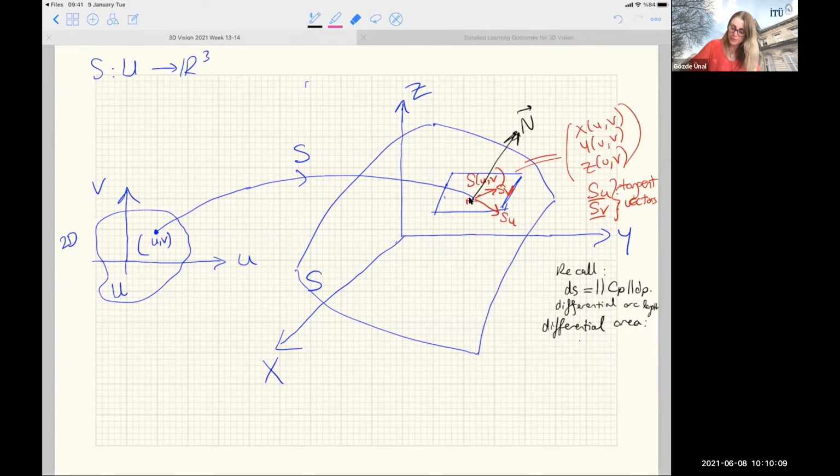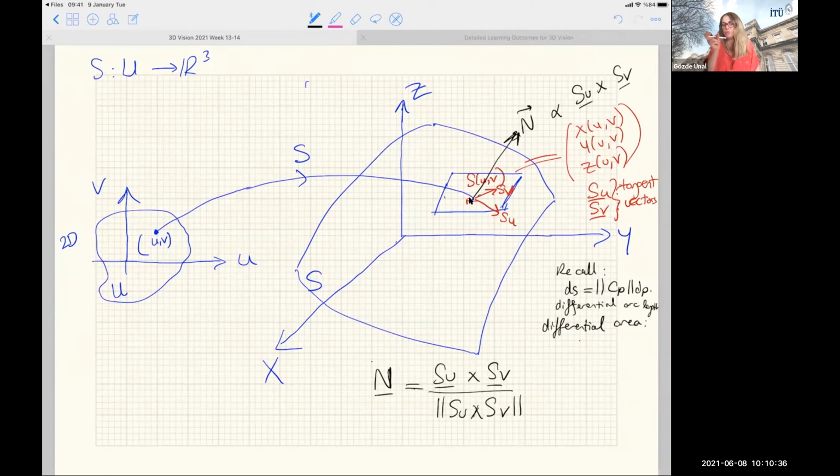From here, I see that the normal should be in the direction of S_u cross S_v, right? But I will also normalize it. The normal is the cross product of the two tangent vectors, obviously. That's normal to those, but I also want the unit normal. To get the unit normal, I normalize by the magnitude of the numerator, right? That's it actually. This is at point P.